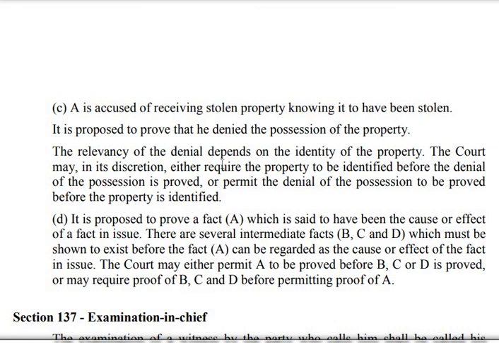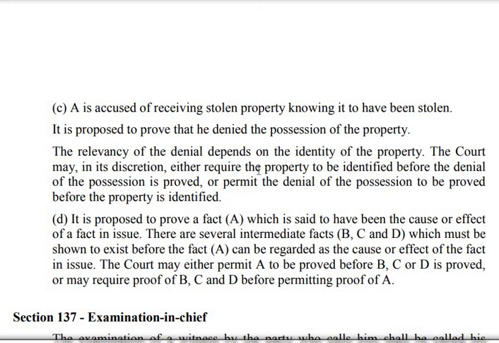The court may require you to prove the identity of the property stolen first, or the court may allow you to prove the conduct first and then later on allow you to prove that it is a stolen property. अब मान लो बाय चांस ये प्रूव हो जाए बाद में कि that property is not a stolen property, then my conduct is irrelevant.